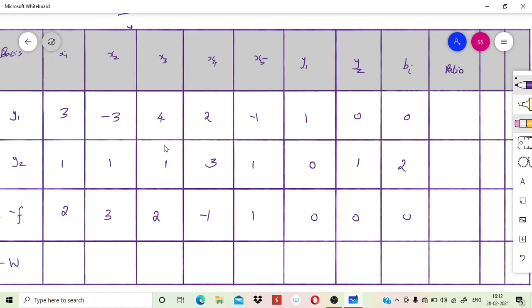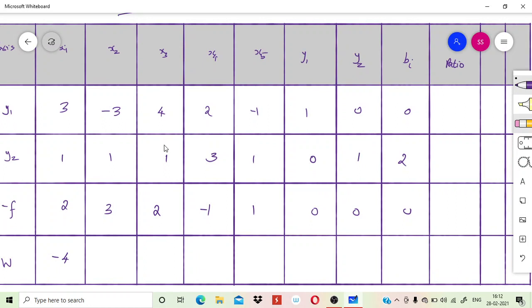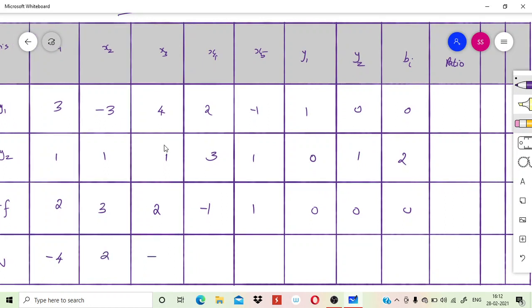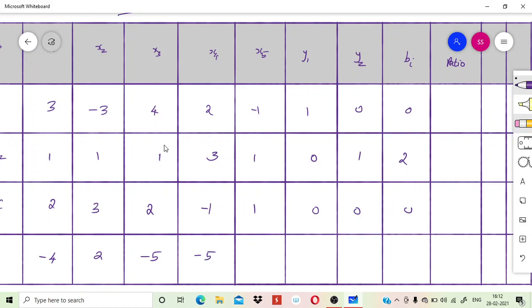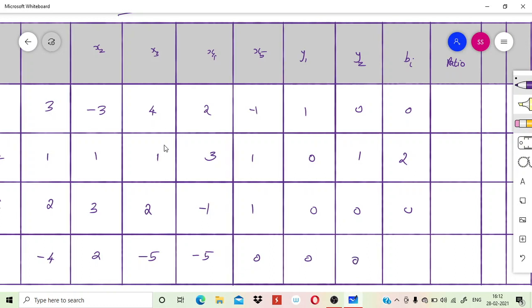Then for the minus w row we have minus 4, 2, minus 5, which is the newly formed objective function, minus 5, then 0, 0, 0, 0, 0, and minus 2.